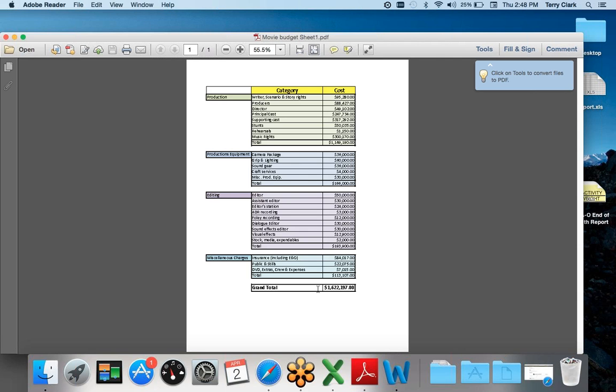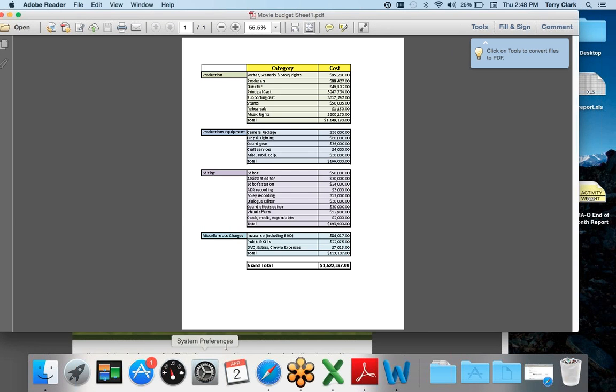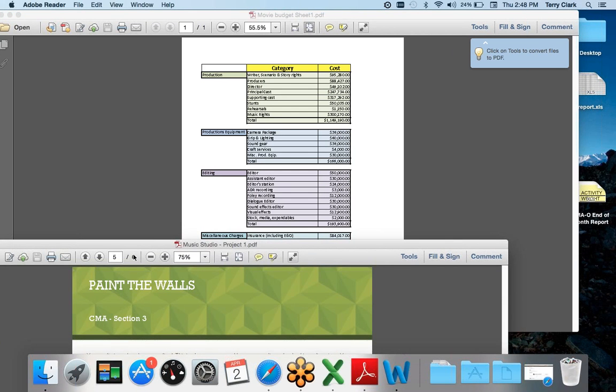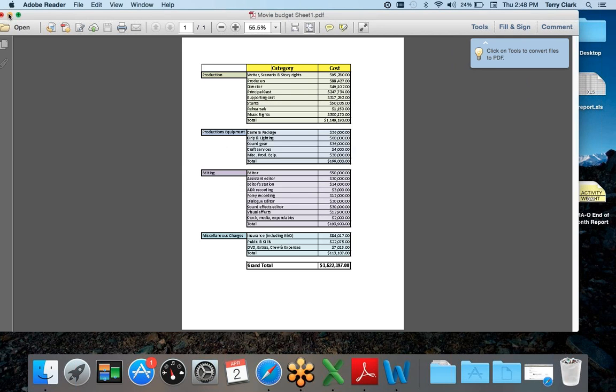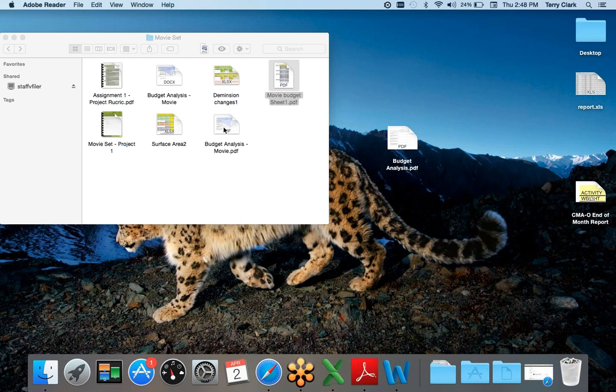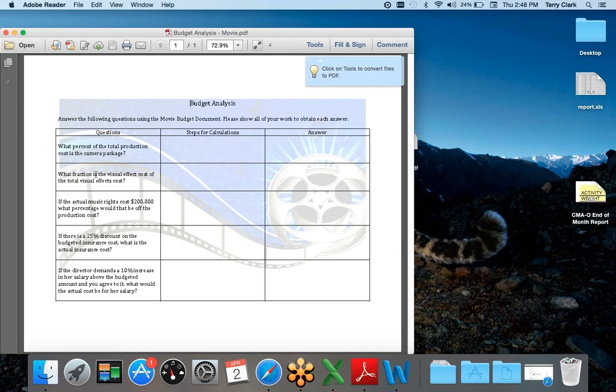See the budget for the movie. Notice that it's different. You've got a different budget for the movie, and so your analysis is going to be different as well. Totally different analysis for that.